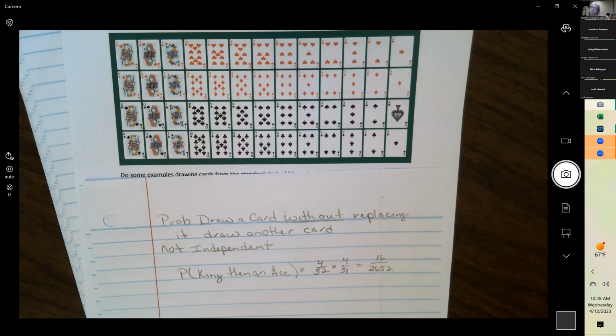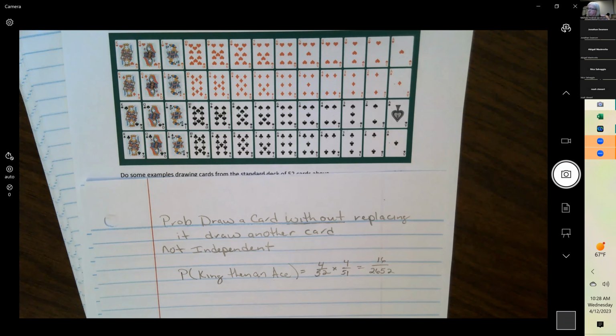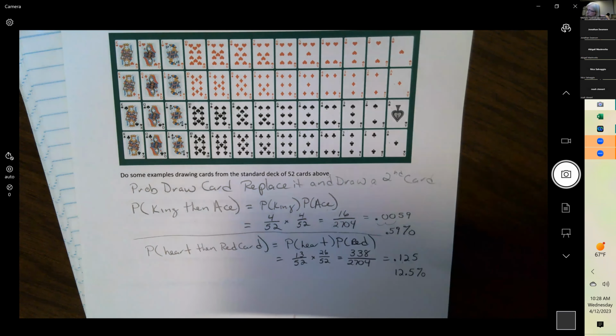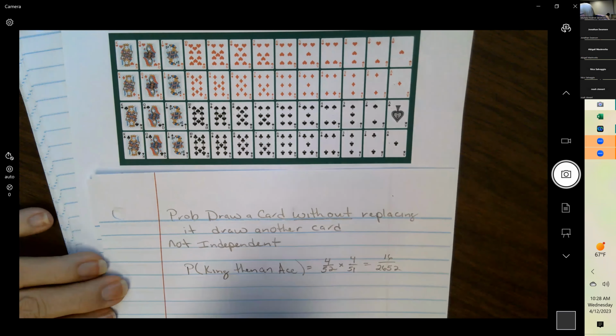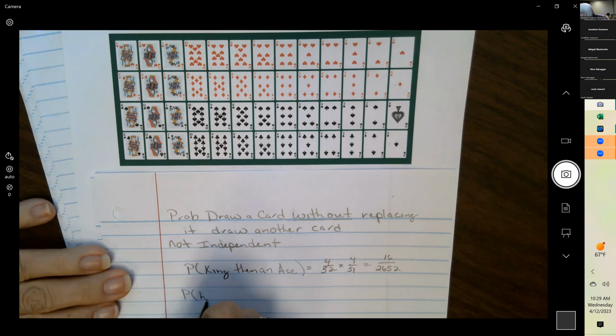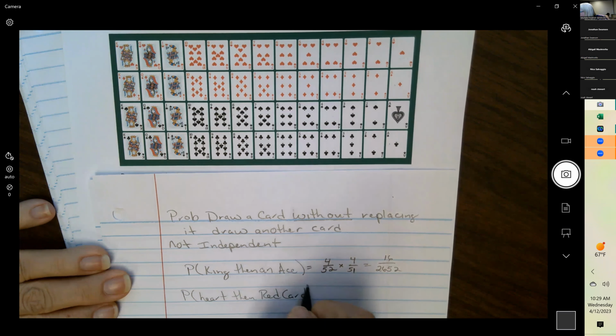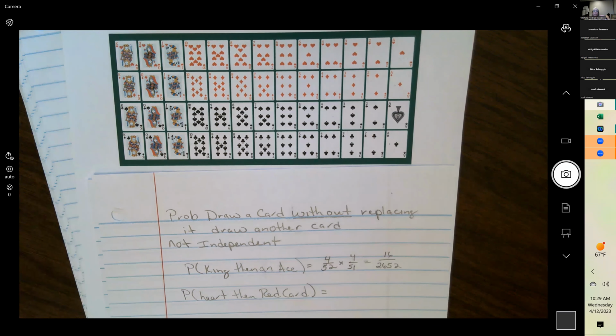Any questions on that? What's the other one? Heart and a red card. Go ahead and do the next one. We pull out a heart, we don't put that heart back, and then we want to pull a red card. What's the probability?